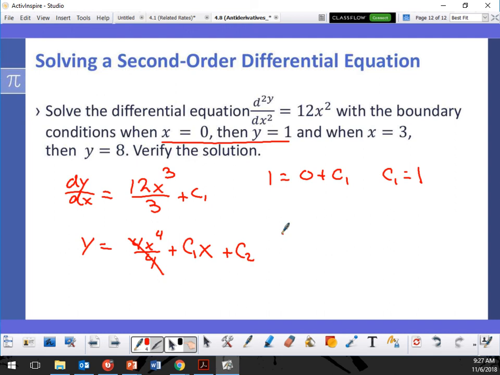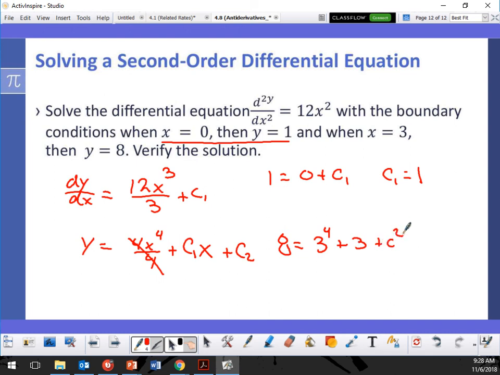All right, so the next one is where y is 8. So now I'm going to have 8 equals, now my x value is going to be 3, so 3 to the 4th plus just x, because my c1 is going to be 1, plus x, which is 3, and plus c sub 2.